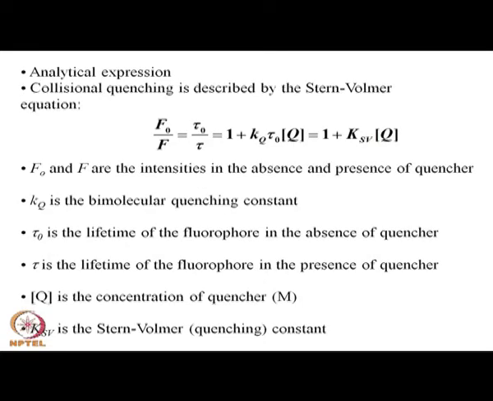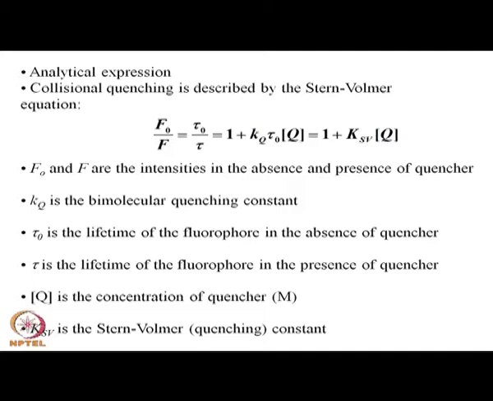If we recall the normal Stern-Volmer expression, any type of quenching is described by the Stern-Volmer equation, and the original Stern-Volmer formulation is based on the fact that quenching occurs by means of a collisional mode, a bimolecular collision between two molecules, one is M star, another is Q, and the quenching constant is the bimolecular quenching constant. F0 and F are the intensities in the absence and in the presence of quencher, and of course this quencher is a dynamic quencher, rather than a static quencher or ground state complex forming quencher.